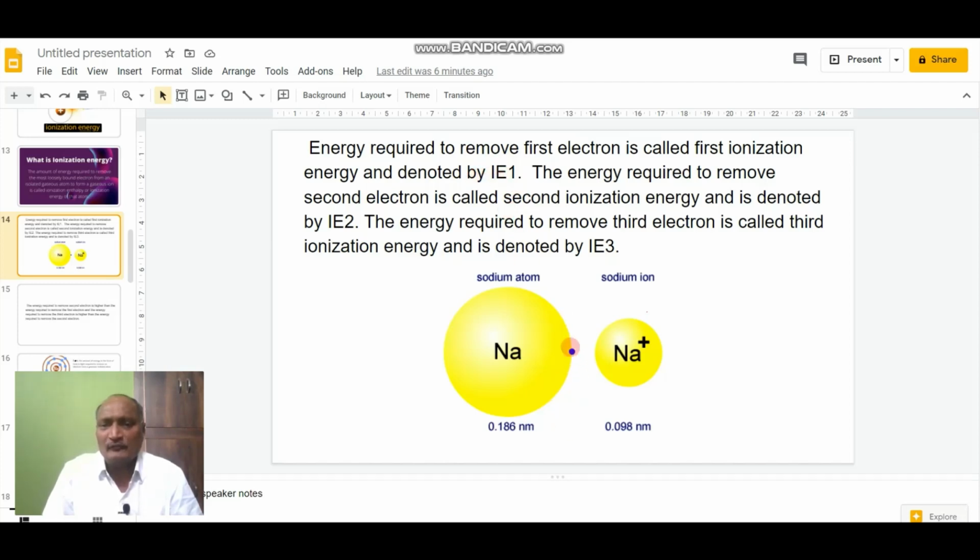After the removal of one electron, the neutral sodium atom is converted into a sodium cation, Na+.